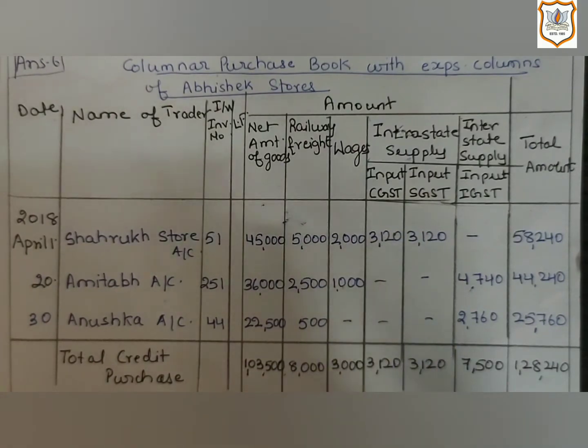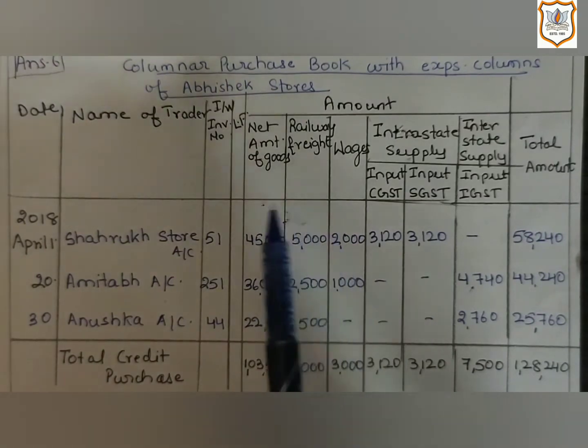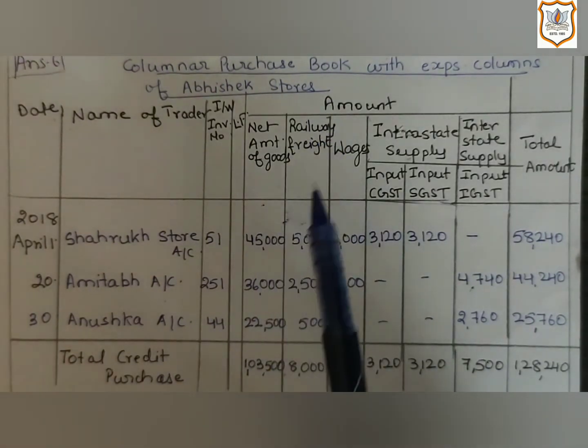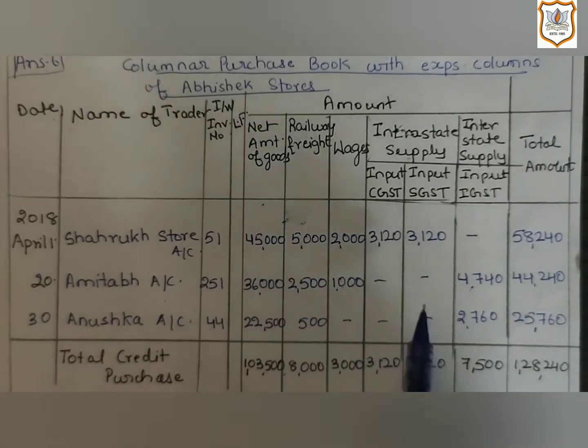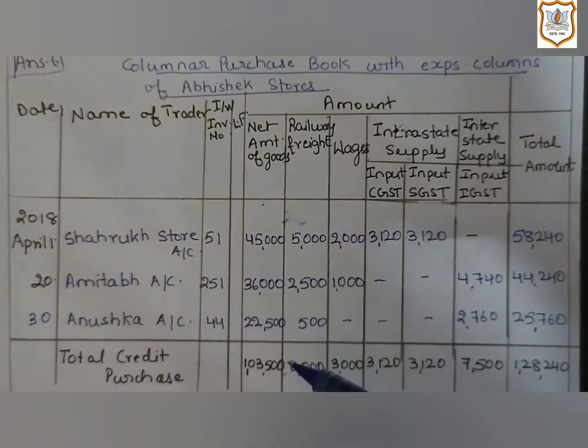Then, as again this is the case of interstate supply, as Abhishek is in Gujarat. That means purchaser is in Gujarat and seller is in Tamil Nadu this time. So this is the case of supply between two different states. So here IGST will be applicable. So on total amount we will calculate 12% IGST. Total amount which is payable, 22,500 plus 500, that is 23,000.